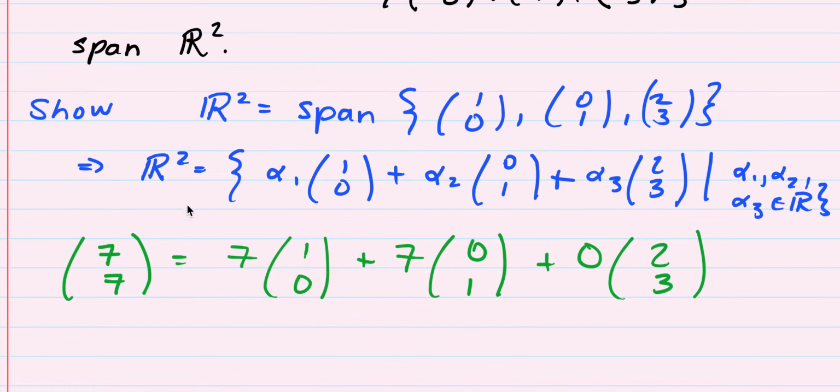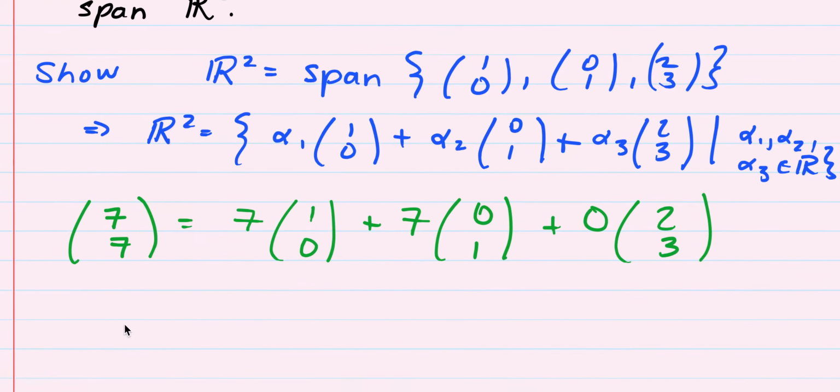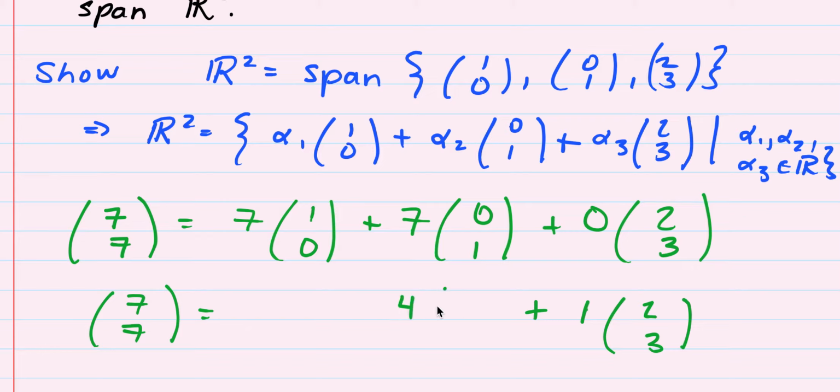That's one way to write it, as a linear combination of these three vectors. You could also say 7, 7, let's give one of these (2, 3)s. So that'll be 3, so I'll need 4 (0, 1)s. And then I have 2, so I'll need 5 (1, 0)s. So we've written it 2 ways as linear combinations of these 3 vectors. And the idea is you can do it for every single vector. And that's what we need to prove.